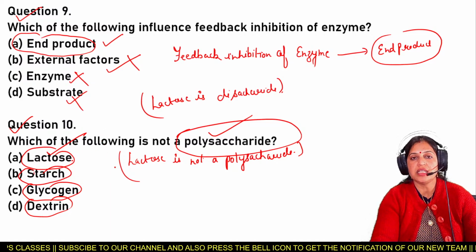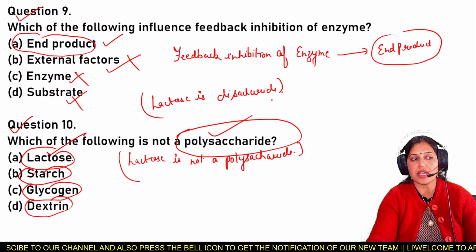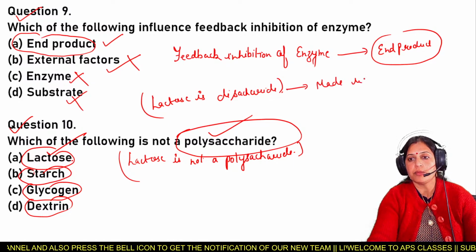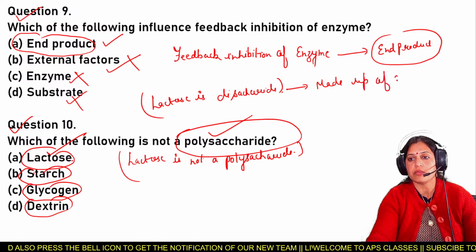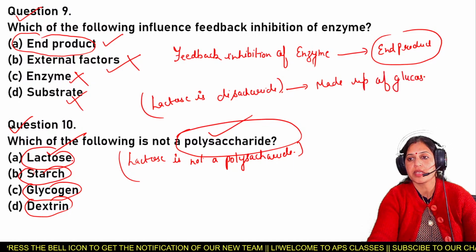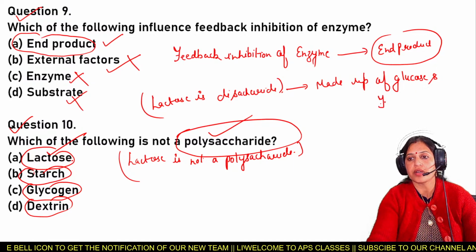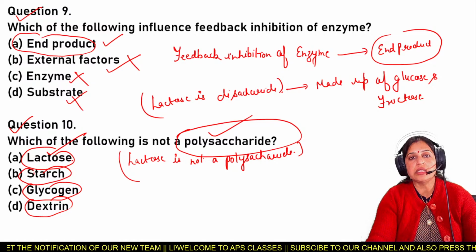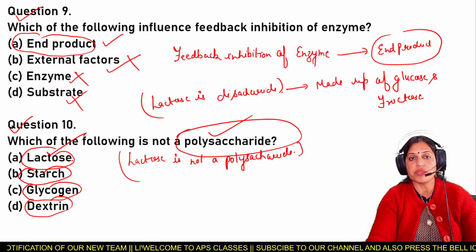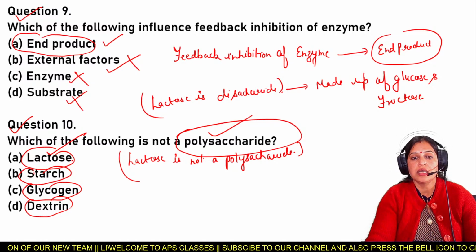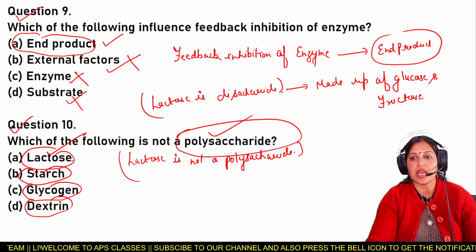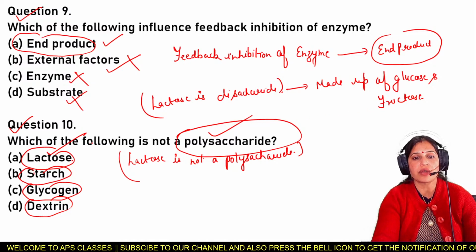Out of these, lactose is not a polysaccharide because lactose is a disaccharide and it is made up of glucose and fructose. So on the basis of that reason, we can say that lactose is not a polysaccharide, but a disaccharide made up of glucose and fructose.